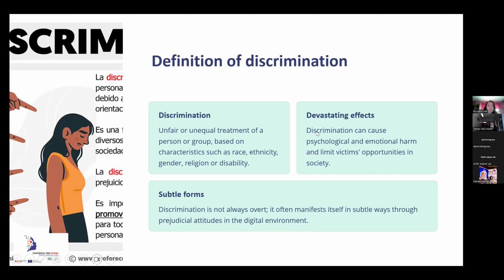Also, discrimination is not always shown as a big problem, as physical violence, but also with little facts, with little situations, because discrimination is not always open. It often manifests itself in subtle ways through prejudicial attitudes in the digital environment.